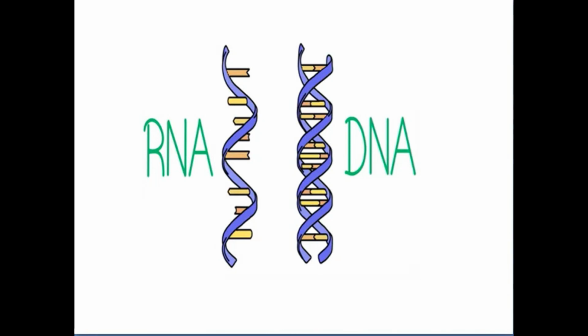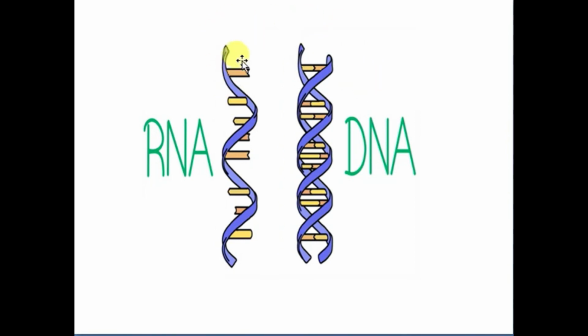Okay, so DNA and RNA, these are present inside the nucleus, and they both are nucleic acids. The structure of DNA somewhat looks like this, and RNA is this. So what's the difference between DNA and RNA?